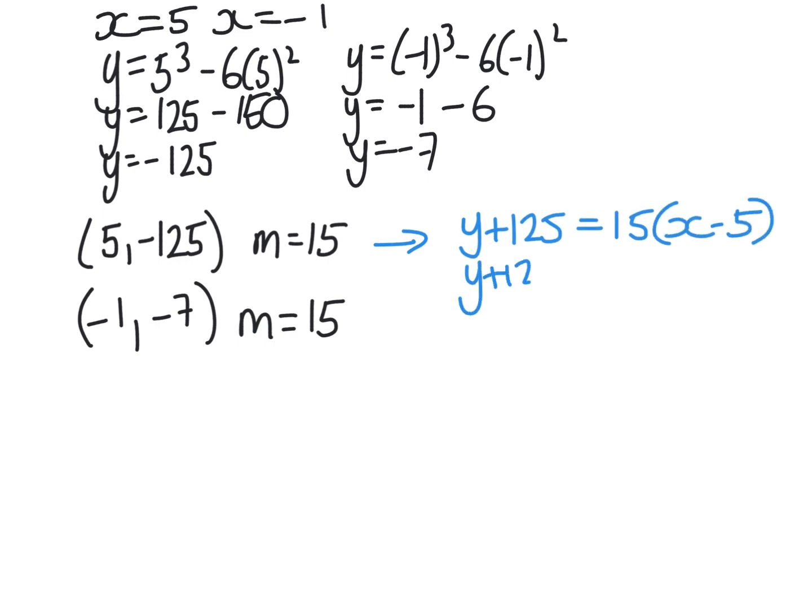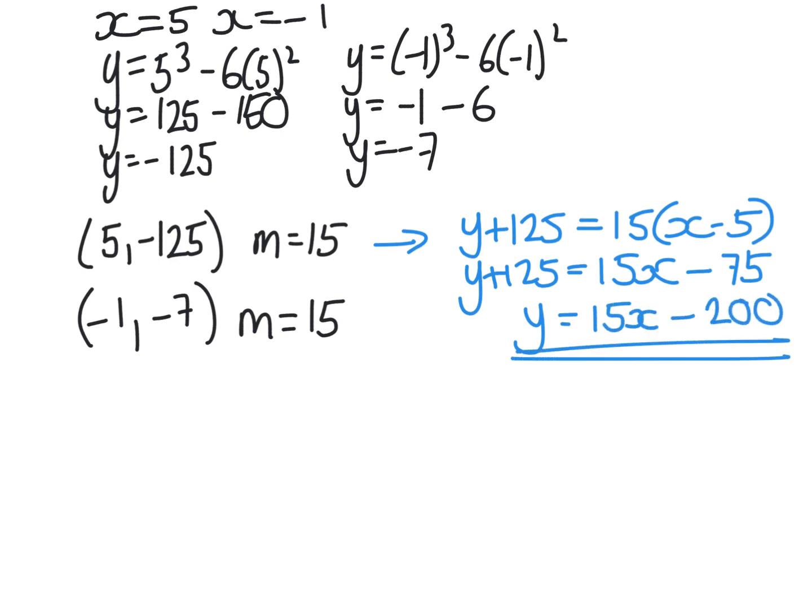Y plus 125 gives me 15x minus 5 times 15 is 75. And then bring that 125 over. I would have minus 200. So here's the equation of one of my tangents.